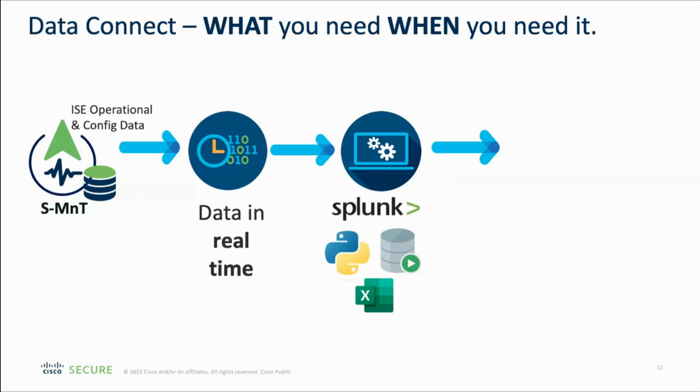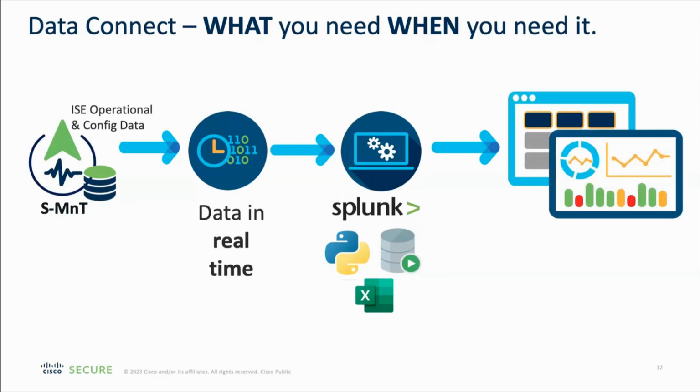We can also use Excel. How many of us have worked with Excel in the past? So Excel is also a good option to extract the data directly from this secondary MnT, right? Secondary monitoring and troubleshooting, and finally have our own customized dashboards. No more static reports, no more RADIUS LiveLogs, we are going to be able to build our own dashboards.